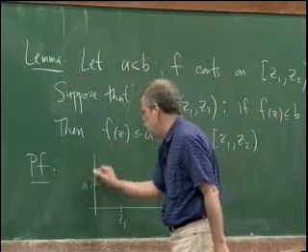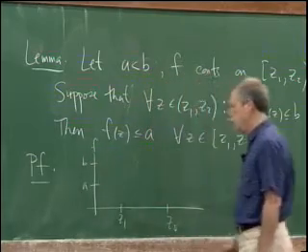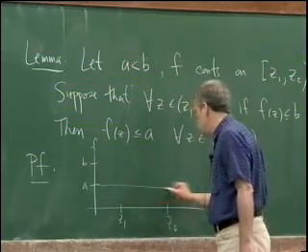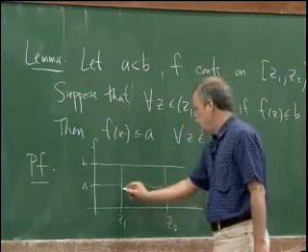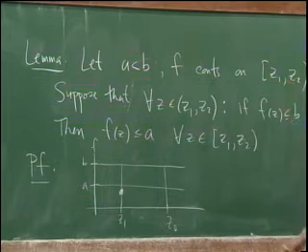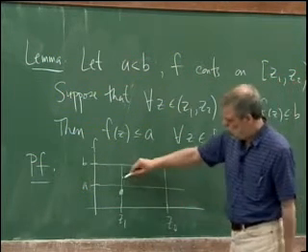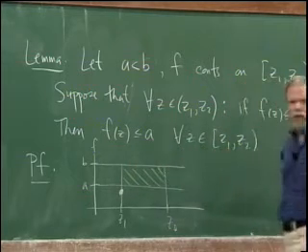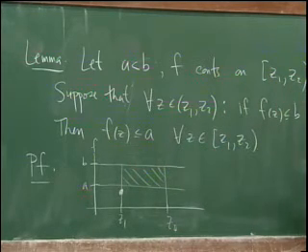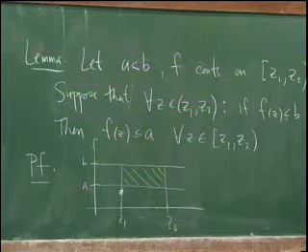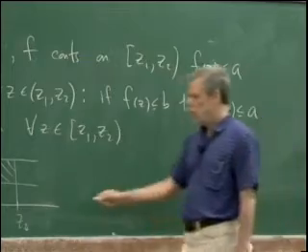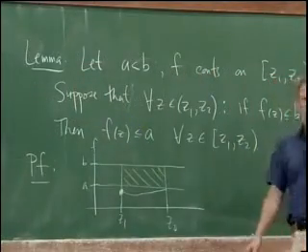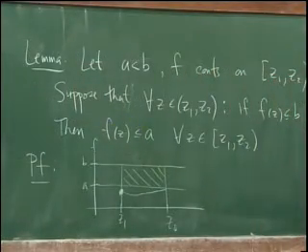Here's A and here's B. This is the graph of F. I know that F of Z1 is less than or equal to A. F is continuous, and I know that its graph is not allowed to enter this rectangle because if it did, then it would violate this hypothesis that when F is less than B, it's less than A. So that region's forbidden, and so the graph has to lie below it, and that's the end of the proof.